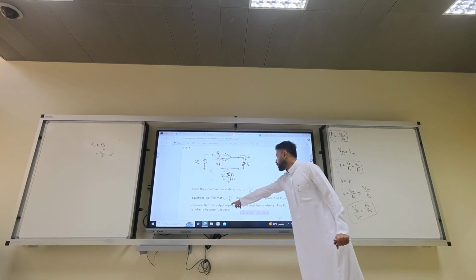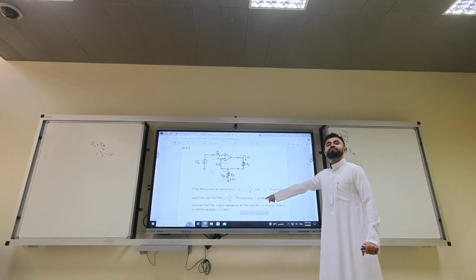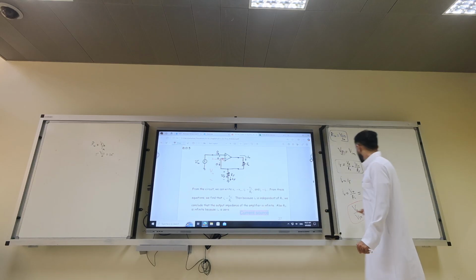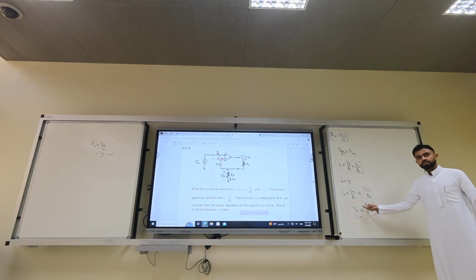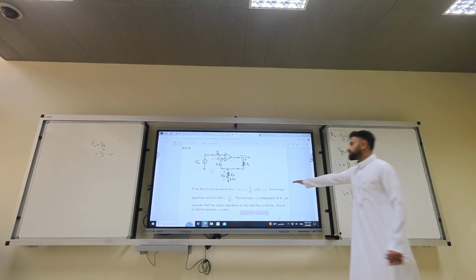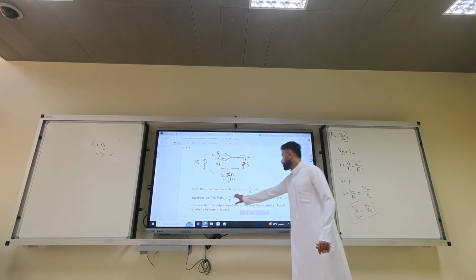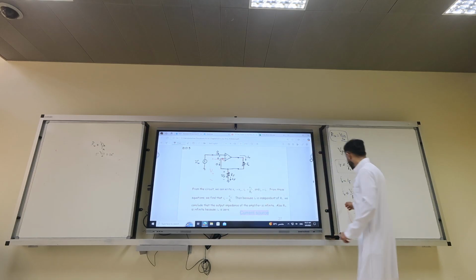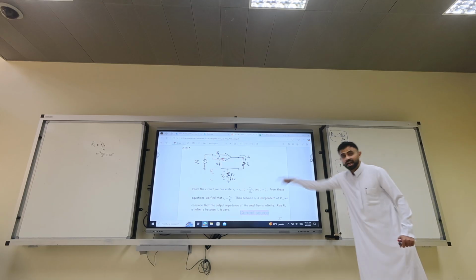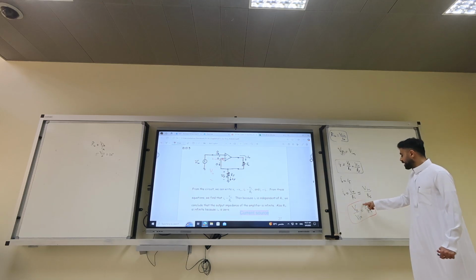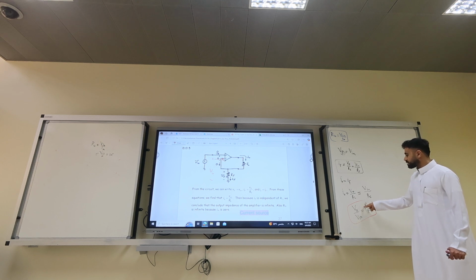We conclude that the output impedance of the amplifier is infinite, not 0, because we have the load in the gain equation. The relationship between V output over V input, which is not written here, is RL over RF.